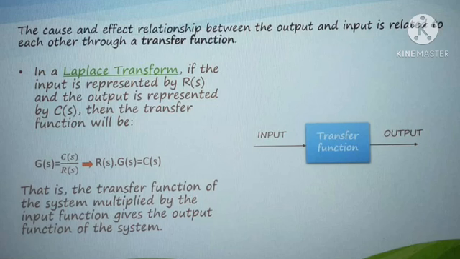The cause and effect relationship between the output and input is related to each other through a transfer function. In a Laplace transform, if the input is represented by R(s) and the output is represented by C(s), then the transfer function will be like the formula that's shown on the screen right now. That is, the transfer function of the system multiplied by the input function gives the output function of the system.